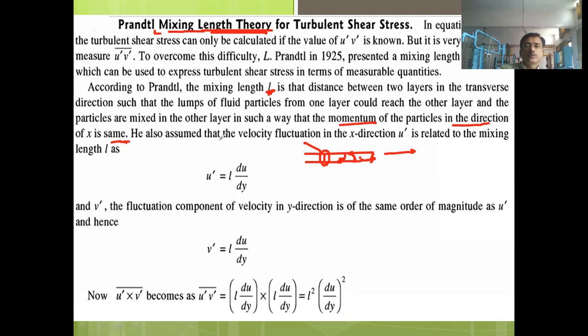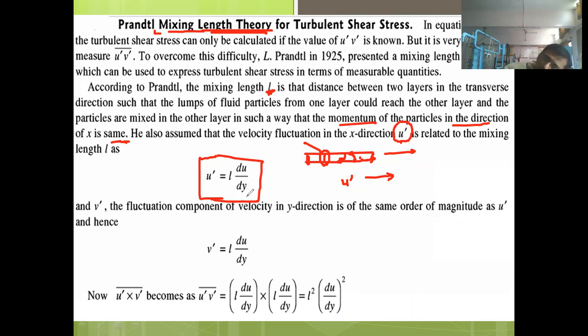He also assumed that the velocity fluctuation in the x direction, that is u dash, is related to the mixing length L. So the velocity fluctuation in the x direction, u dash, is related to this length L, and he has given the equation u dash is equal to L into du by dy.